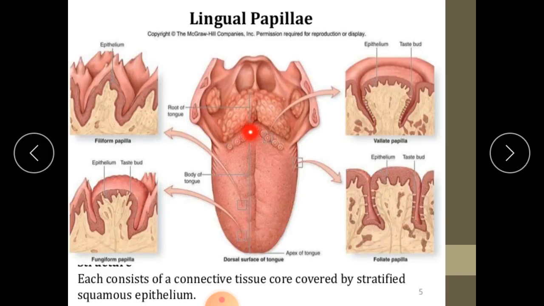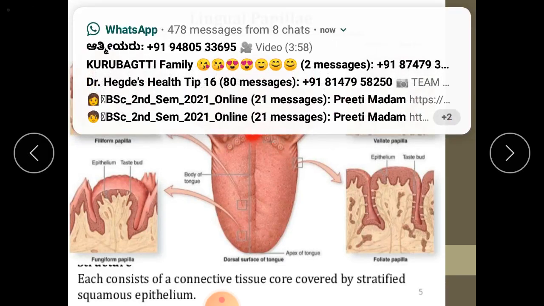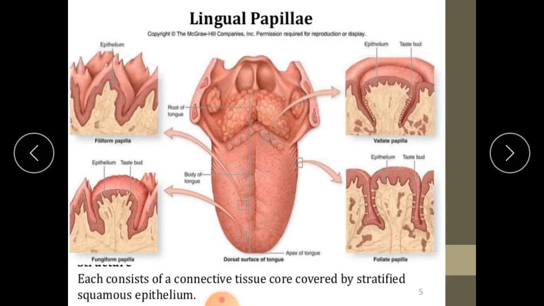See, these are circumvallate papillae, present between the posterior part and the anterior part of the tongue. They form a V-shaped structure. Can you see it? Behind this, the sulcus terminalis is there.